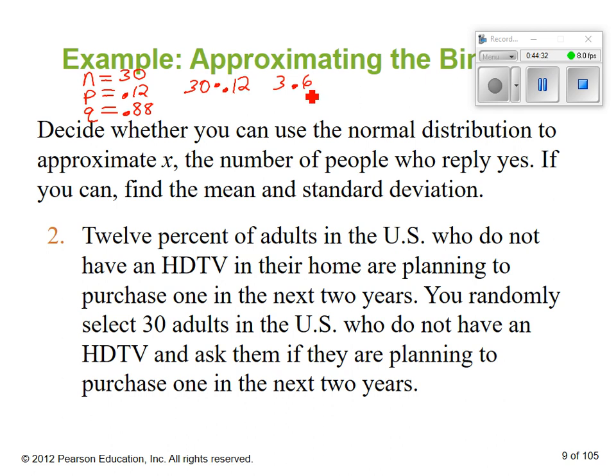What's that tell us? Right. Is that bigger than 5? No. So can we set this up using the binomial setup? No. So we just put can't use binomial, because that didn't come out larger than 5.